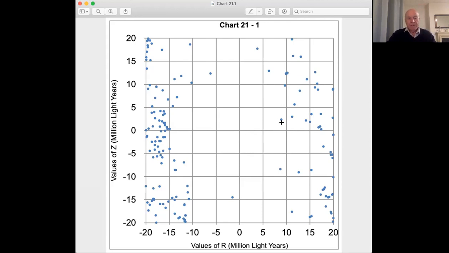And so what we can see from this first galaxy here at 9 million light years is that we estimate that the first galaxy formed around 126 billion years ago, which is 9 lots of 14 billion years.